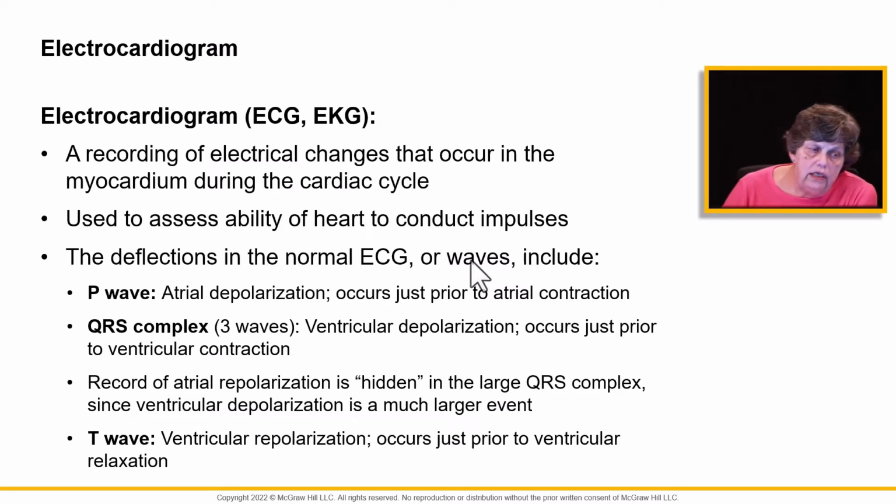Then you will see three waves, the QRS complex, and this represents ventricular depolarization. At this time, atria are repolarizing. But because the QRS complex is so big, we can't see the repolarization of the atria in there. And then we run to the T wave, which is ventricular repolarization.